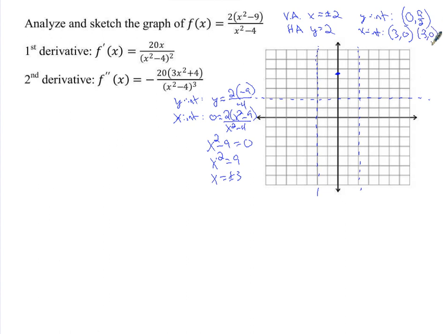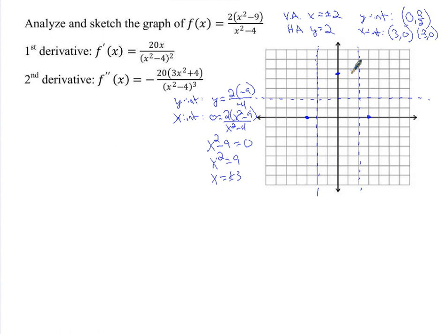So I'm just keeping a little inventory of all the stuff that I've found so far. So I can mark those on my graph. I have those 2 points now as well. So with that in mind, and knowing that we're going to go off towards these horizontal asymptotes here, and because I'm approaching an asymptote here, I'm kind of guessing that my graph is going to do something like this and something like this. I don't really know what's going on in between though yet.